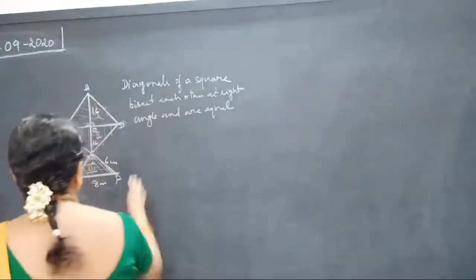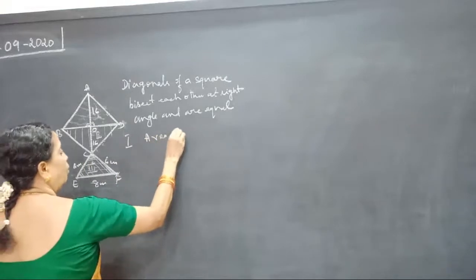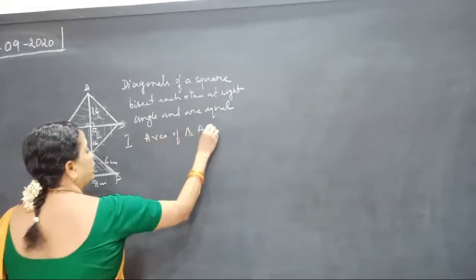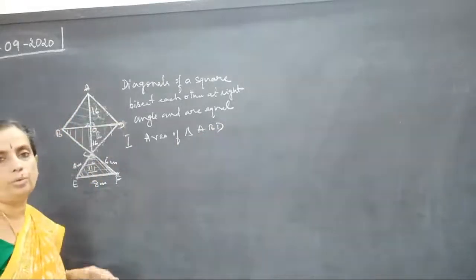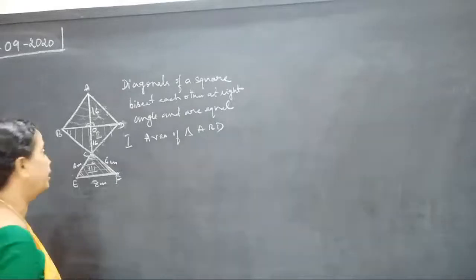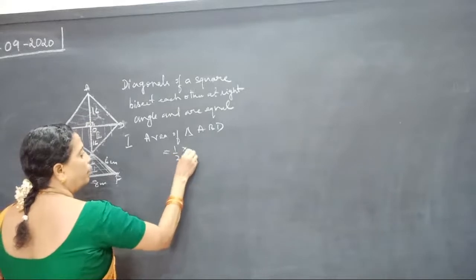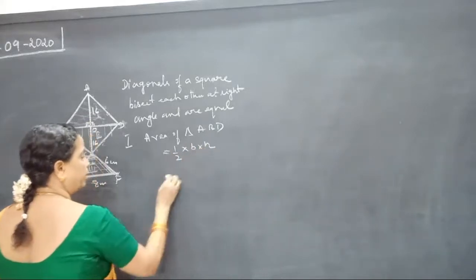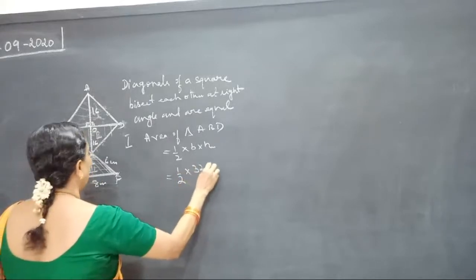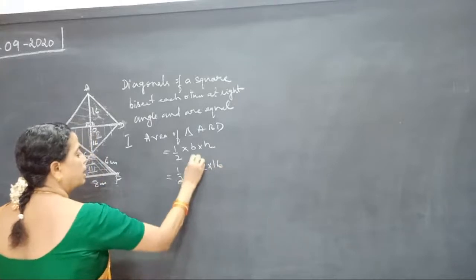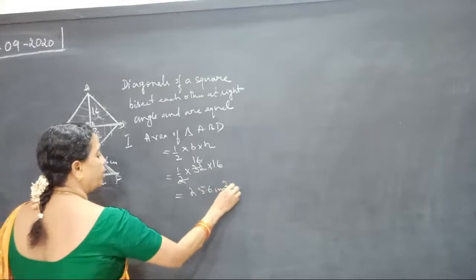Okay? Now write part 1, area of triangle ABD. This is one part. Then even only the diagonal 32, we should follow it is bisecting and it is bisecting at right angle. So we have half into base into height. That is half into base is 32, height is 16. Cancelling, you will get 256 centimeters square.